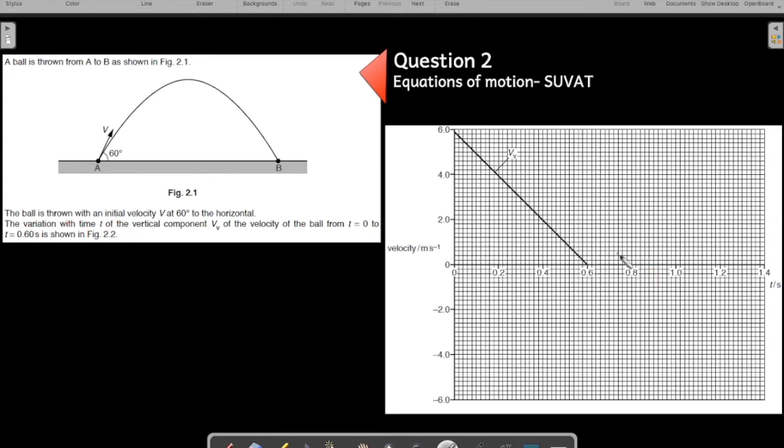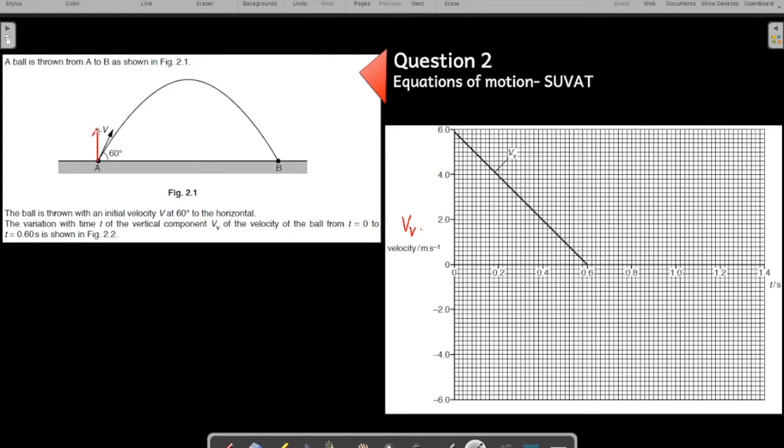So this is your velocity time graph, but what kind of information do you get from this velocity time graph? You are getting the information about the vertical component. This is the vertical component on the y-axis given here. Right? So where do you find the vertical component? This is your vertical component.